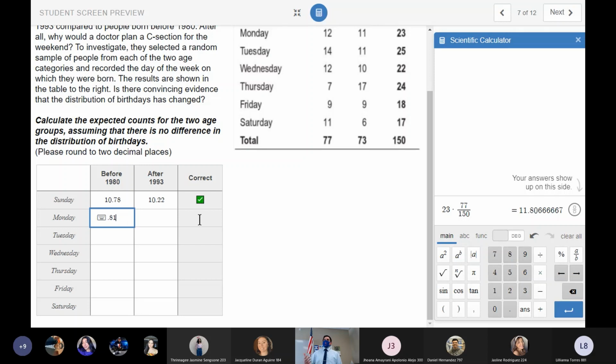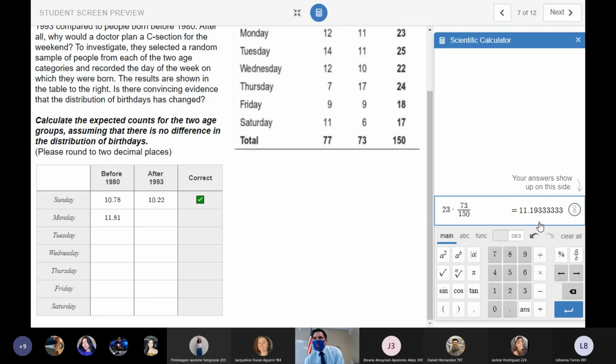So if this was 11.804, we would round to 11.80. But that's not the case, so we round up to 11.81. Right. We can find the next one here. Again, the row is the same, column change, so we go to 73 this time. We get 11.19.